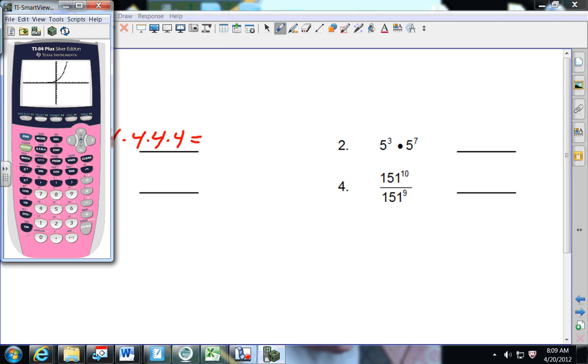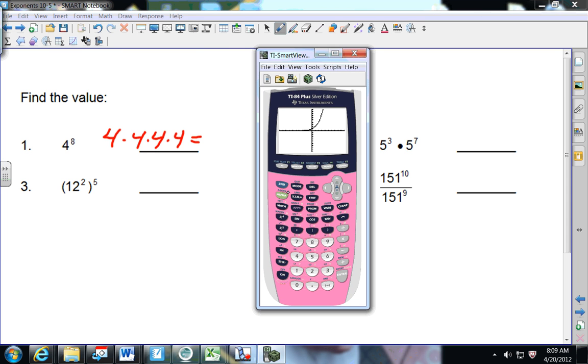If I went into my home screen and typed in 4 caret 8 and pressed enter, that should have been your answer, 65,536.